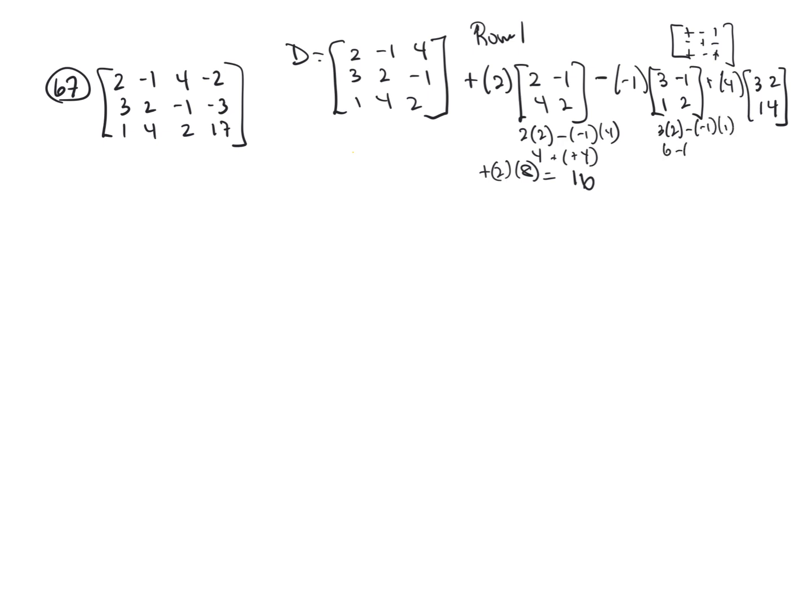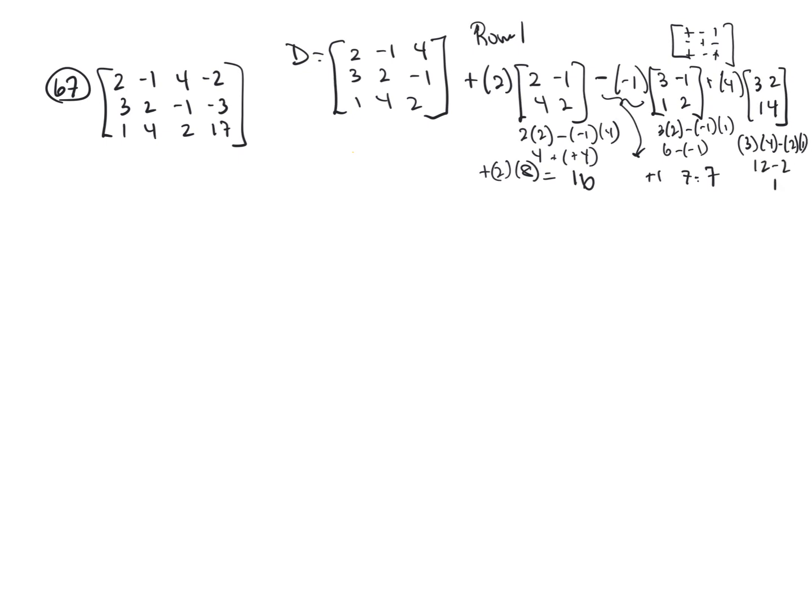So 6 minus negative 1 is 7. And we have minus minus 1, so we have positive 1, which gives me 7. Last but not least, squishing it over here, 3 times 4 minus 2 times 1.